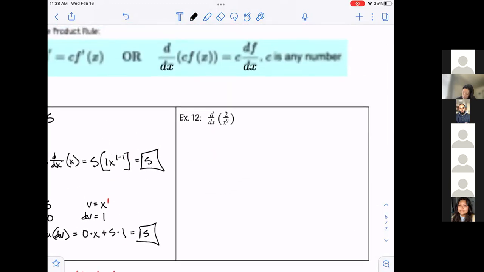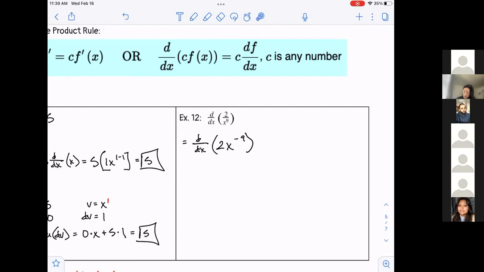Let's take a look at example 12. This actually looks a lot like one of the previous examples we had. I just want to make it really obvious to us that the 2 here is the constant. So I can actually write this as d dx of 2x to the negative 9. That makes it more obvious.